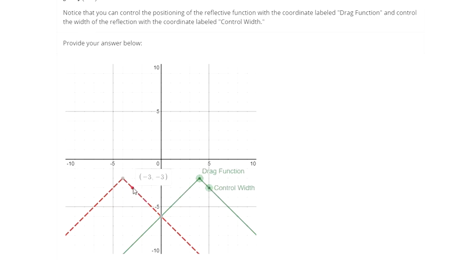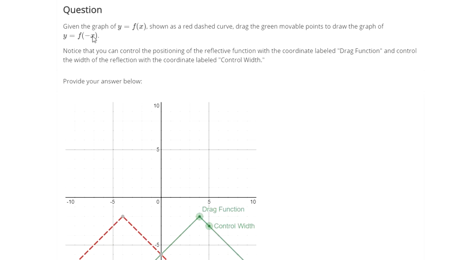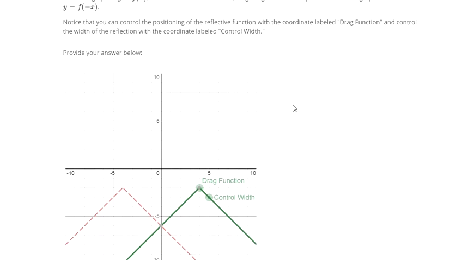And then over here, a red dot would be negative 3 on the x, negative 3 on the y. So if you multiply the x by a negative sign, that makes it positive 3. And then it's still negative 3 on the y, because there's no transformation happening to the y.